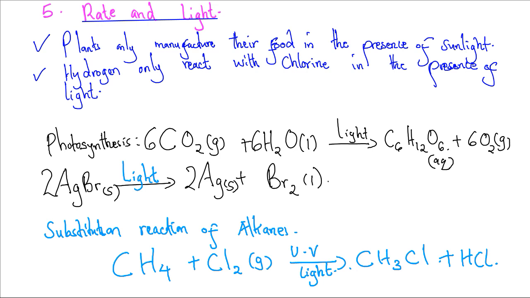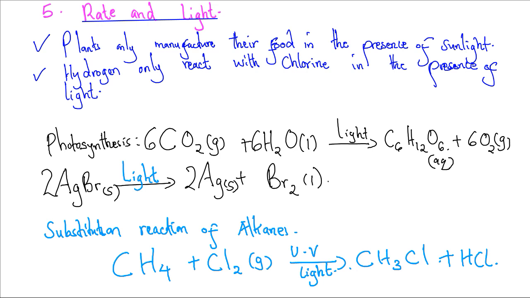When solutions of silver nitrate and potassium bromide are mixed, then a pale yellow precipitate, which is silver bromide, is formed.